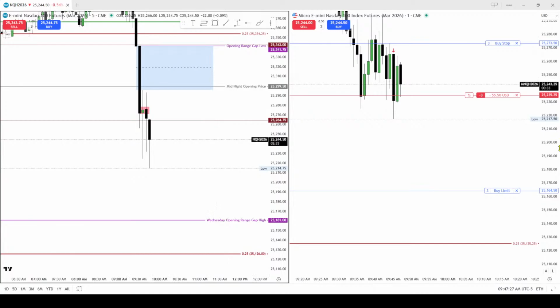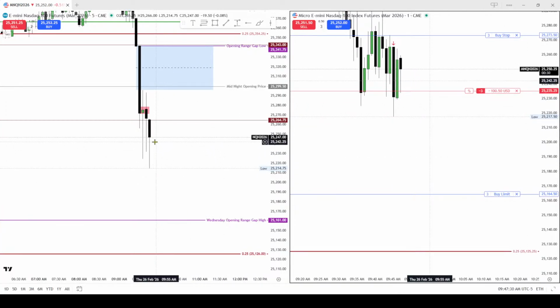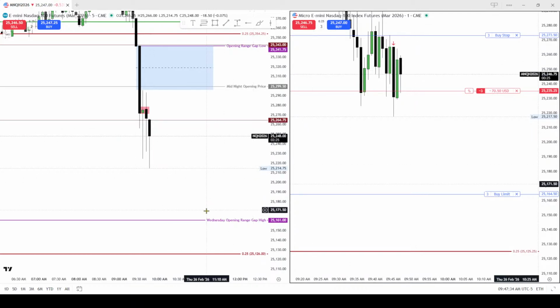But on the 5-minute, we're looking decently strong, where we can see it continue. But if not, we will just get stuck, and that would be it on the day. But my target remains the opening range gap of yesterday's high.